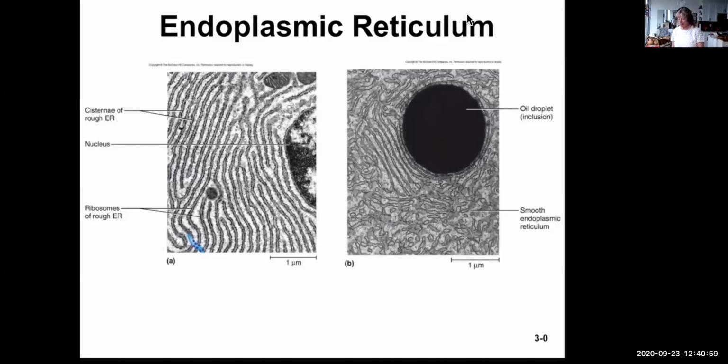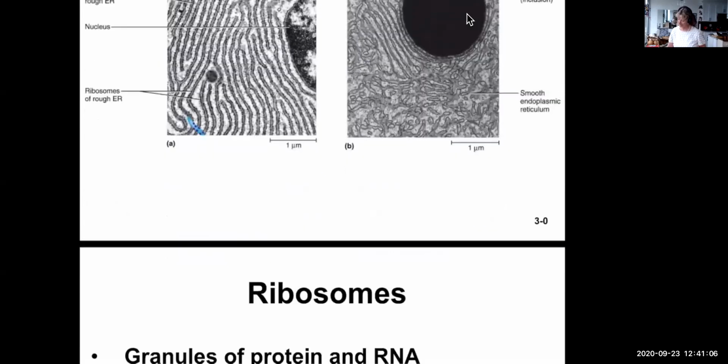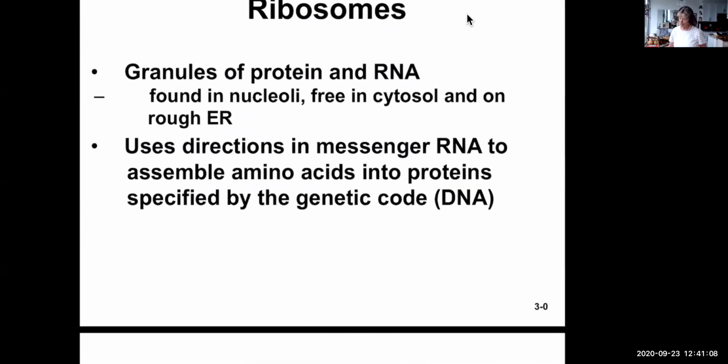So these are micrographs of the endoplasmic reticulum. Ribosomes are granules of protein and RNA. So you find them in the nucleoli, in the nucleus, but they're also free in the cytosol and on the rough endoplasmic reticulum.